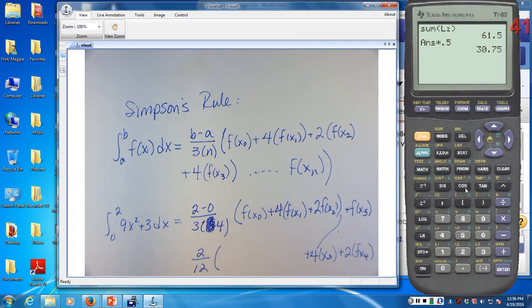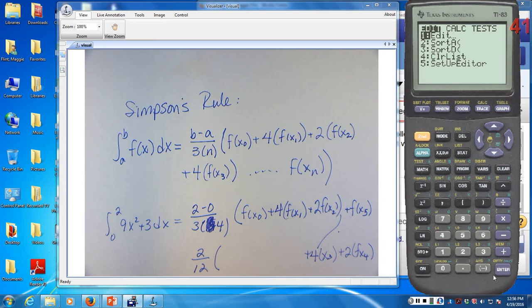And we can go back to the calculator and we can do it the same way we just did it. We'll go back to stat, enter, go up to the top of list 2 and change them all back to the y values. So vars, y vars, function y1 of list 1. The first one's going to be left as it is. The second one's going to be multiplied times 4.